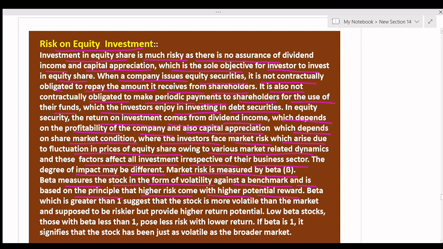Beta greater than 1 suggests that the stock is more volatile than the market and supposed to be riskier but provide higher return potential. Low beta stocks, which is less than 1, pose less risk with lower return. If beta is 1, it signifies that the stock has been just as volatile as the broader market.